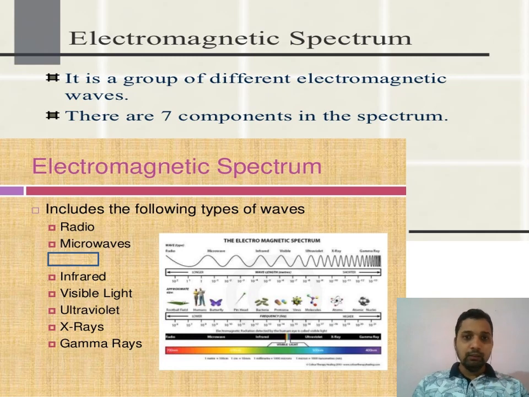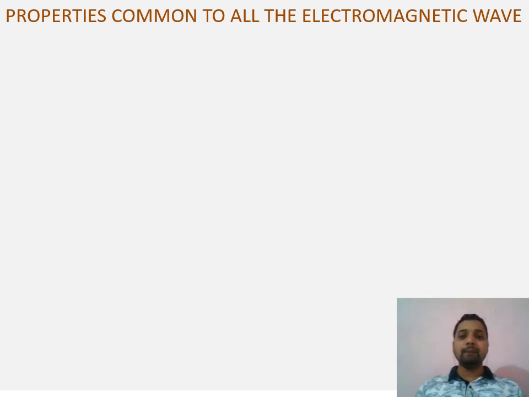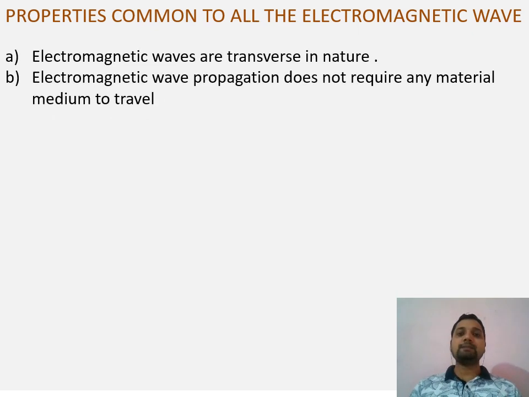So here we are reading about the electromagnetic wave. What is an electromagnetic wave? We should know that first, then we can go through all these waves, all these radiations. Here you can see the properties of electromagnetic waves. Electromagnetic waves are transverse in nature, meaning when they propagate, they make 90 degrees with the direction of propagation of the wave.